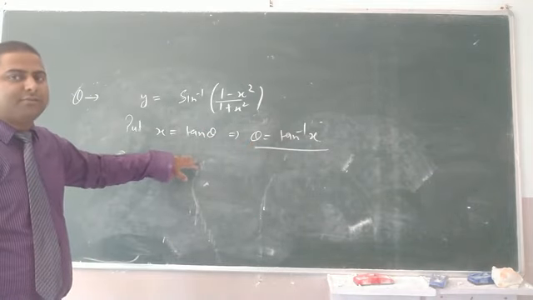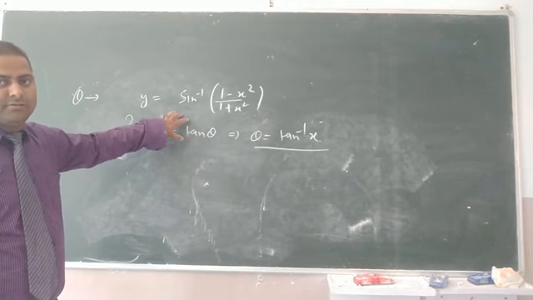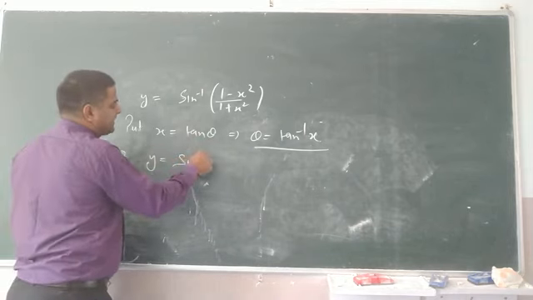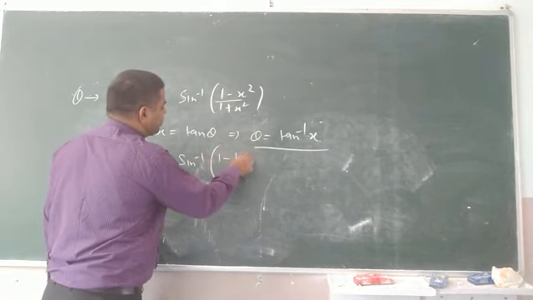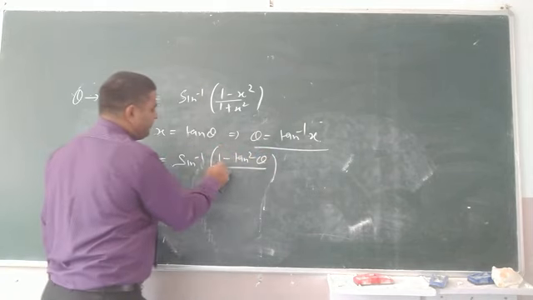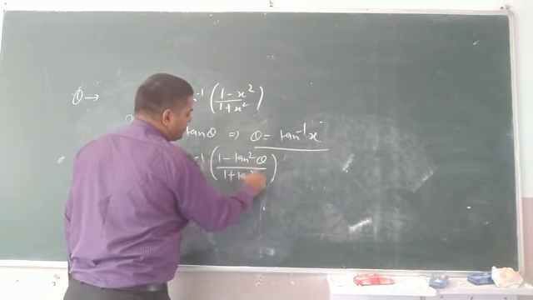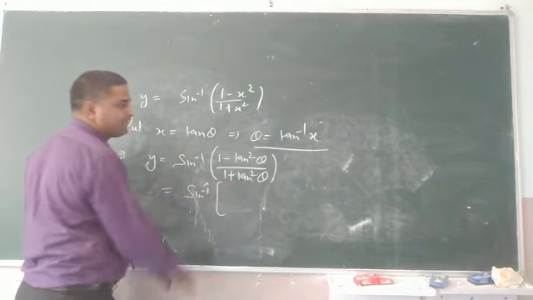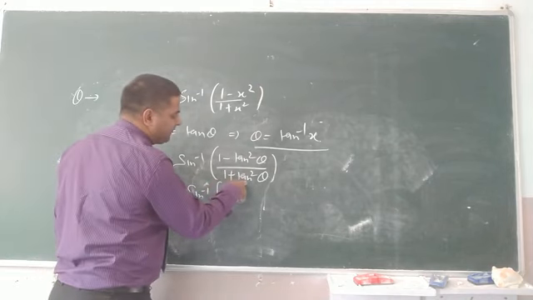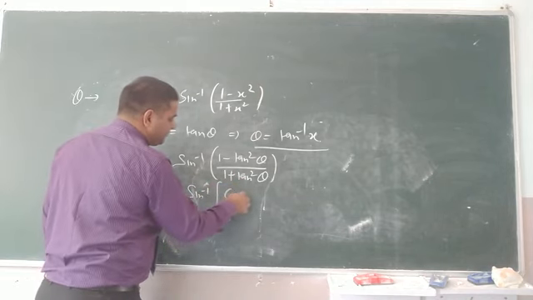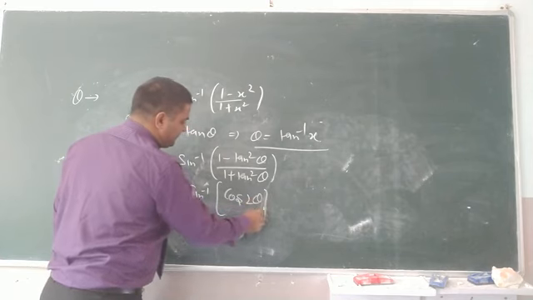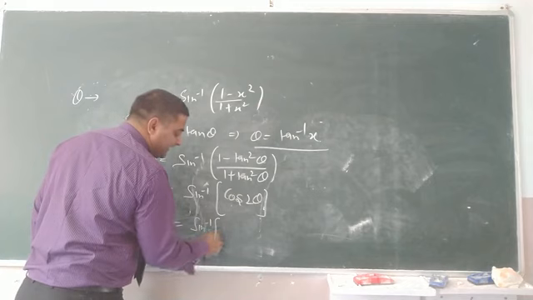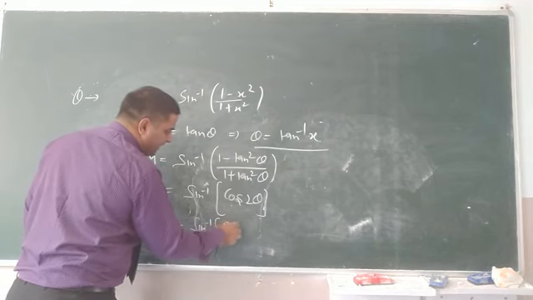Use this substitution. What do we get? y equals sine inverse of 1 minus tan square theta upon 1 plus tan square theta, which is cos 2 theta. So it is equal to sine inverse of cos 2 theta.